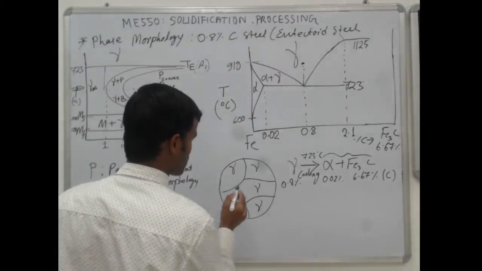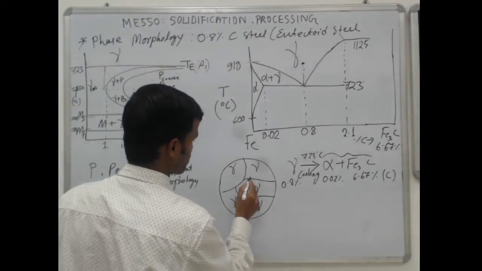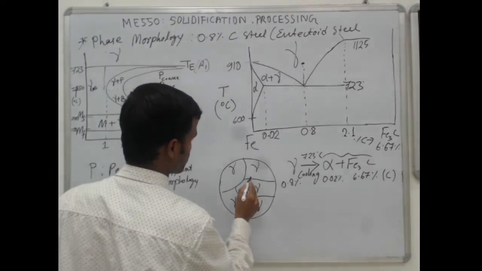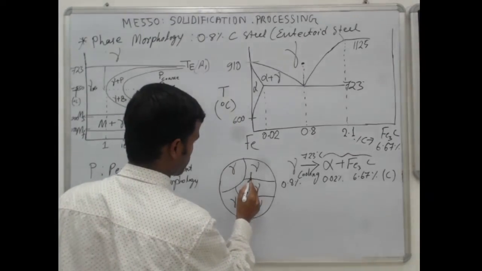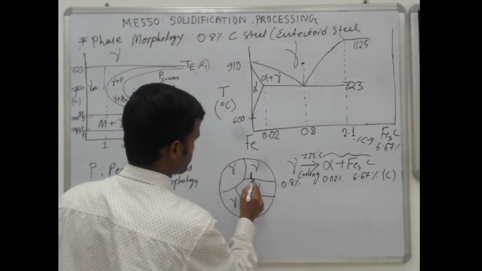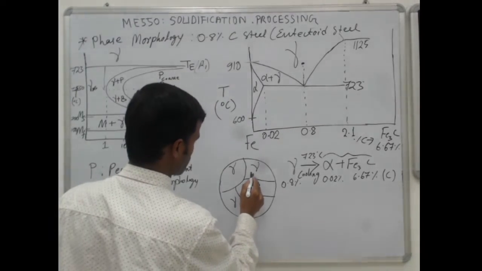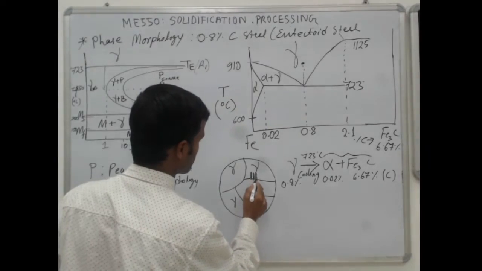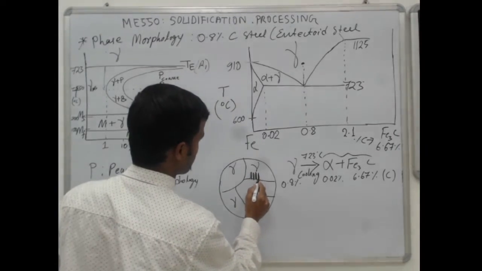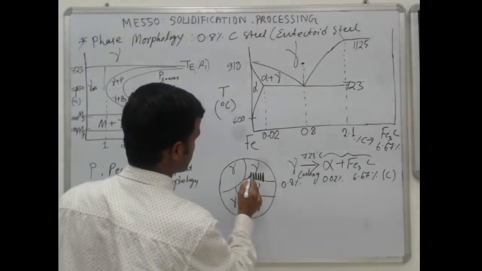At the grain boundaries some cementite will be precipitated and then it will grow. Similarly, when the cementite is nucleated and it grows like this, there will be a large number of parallel plates of cementite.